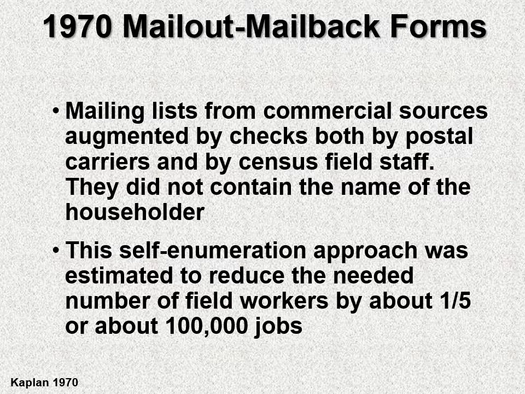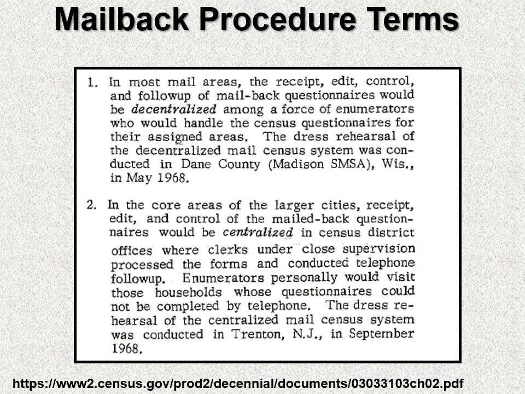Did we get every address? And by census field staff. This self-enumeration approach was estimated to reduce the needed number of enumerators by about 1/5, or about 100,000 jobs. And with that extra savings, they put it into analysis and experimentation of the census.